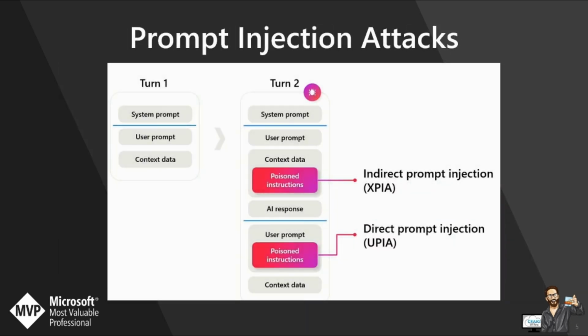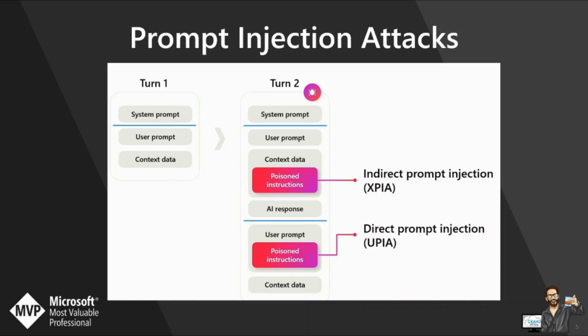This next slide is about prompt injection attacks. This is a type of vulnerability in conversational AI systems where malicious inputs are used to manipulate the AI's responses. These attacks can occur in two main forms, direct and indirect. A direct prompt injection is where the attacker manipulates the user prompt itself by embedding harmful instructions that the AI inadvertently follows.